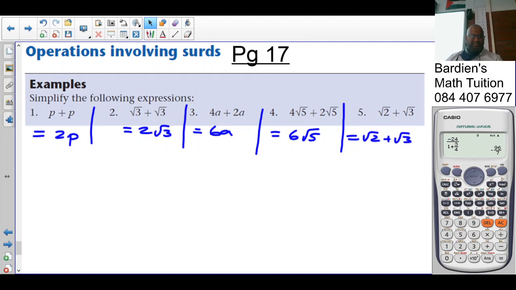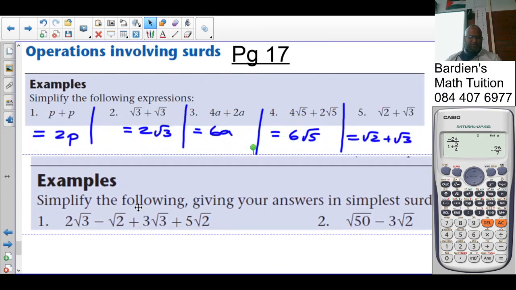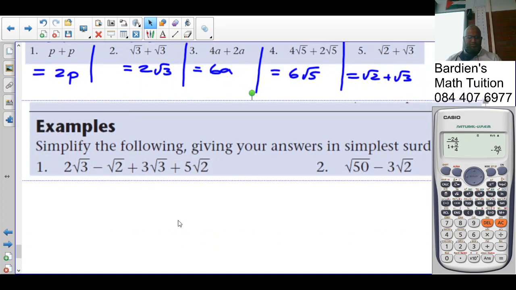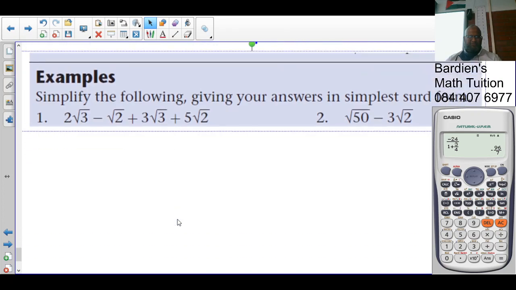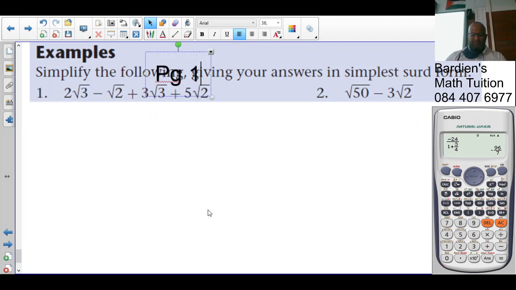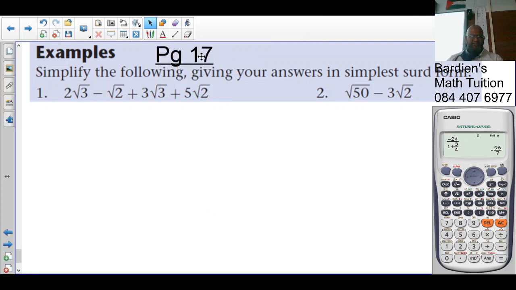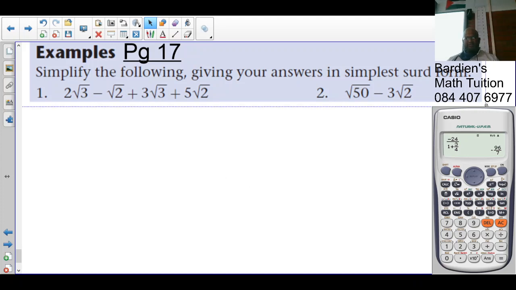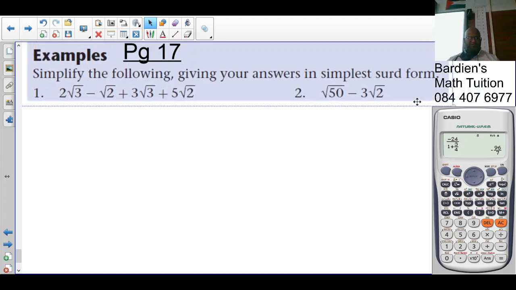Let's look at the next set of examples. This spices up our lives a bit, okay? Not by much. It's on page 17. Write those sums down quickly.